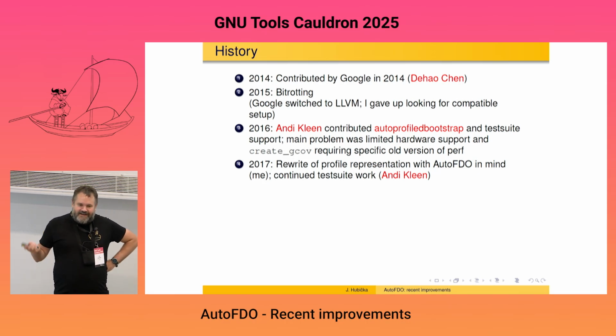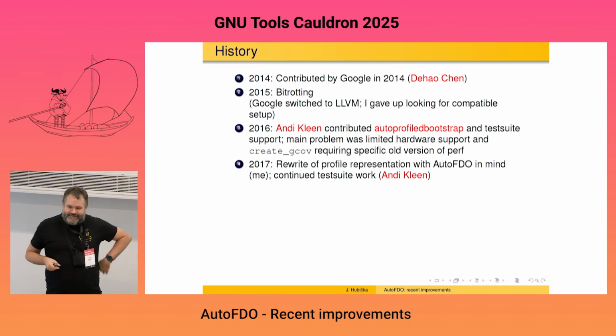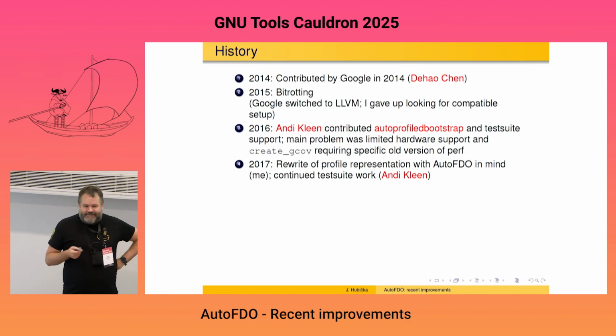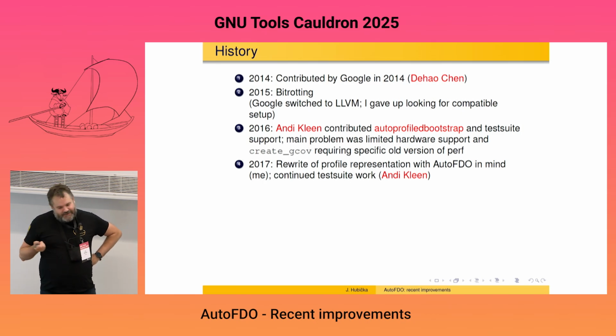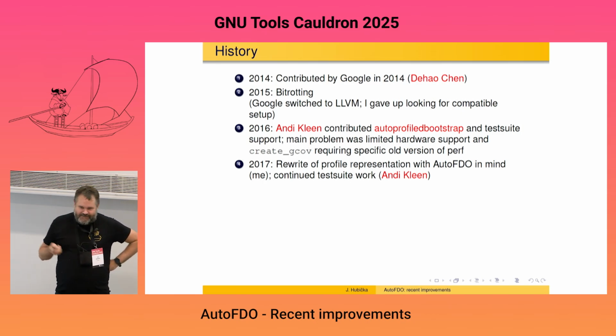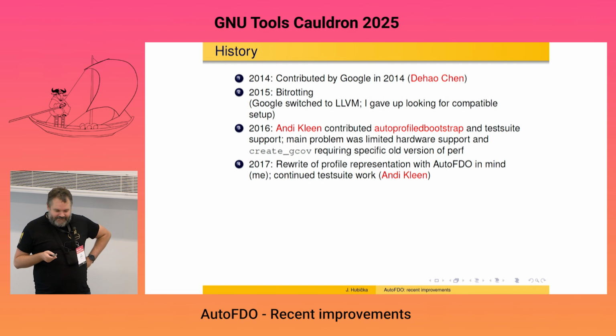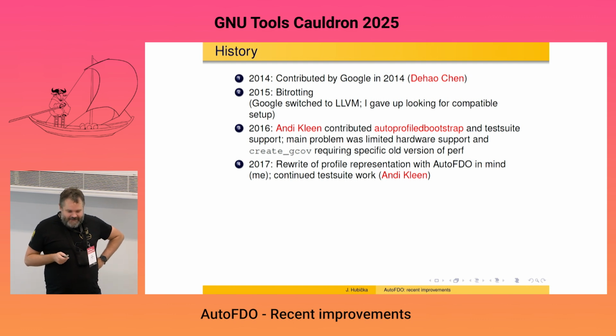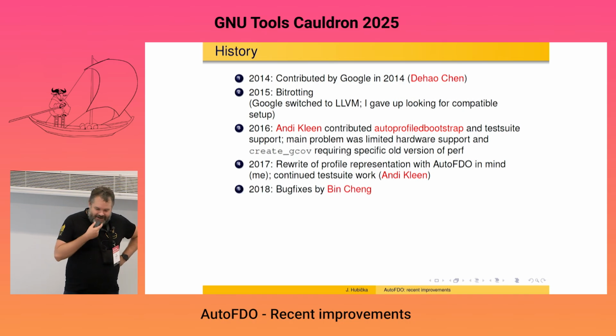So I decided that I will do some C++ magic, and implement a single data type which will hold everything, and it will be easy to operate. And it was a lot of work. So for a full year, I was basically rewriting the profile code in GCC. And I didn't get to AutoFDO because it was still not working for me.